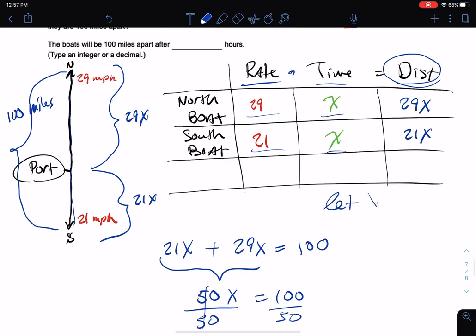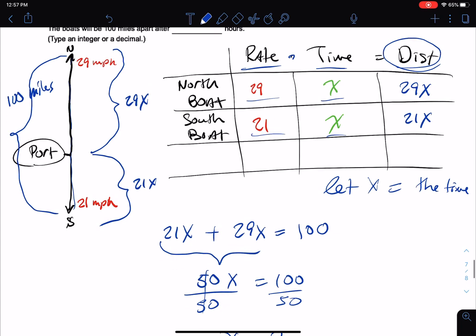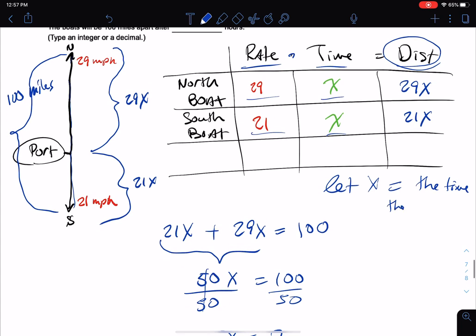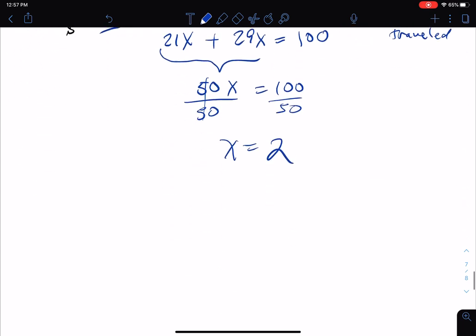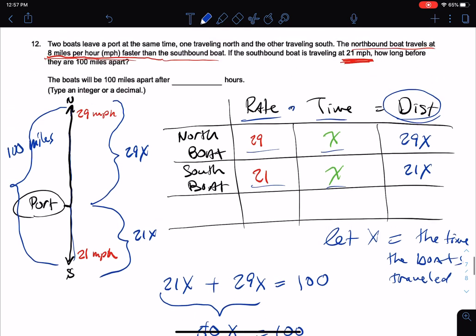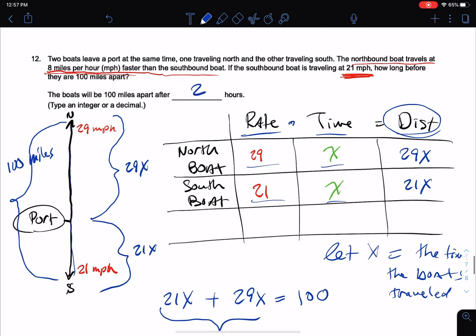Let x equal the time the boats have traveled. Okay, so we just figured out the problem. How long did they travel for? 2 hours. And there it is.